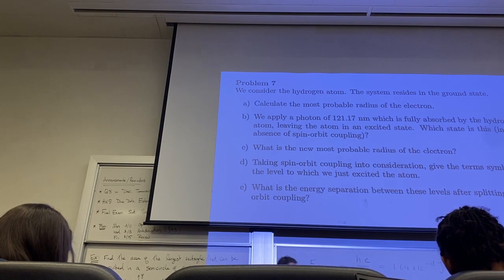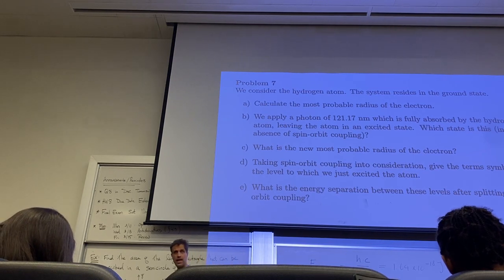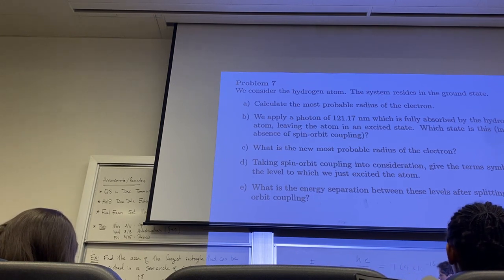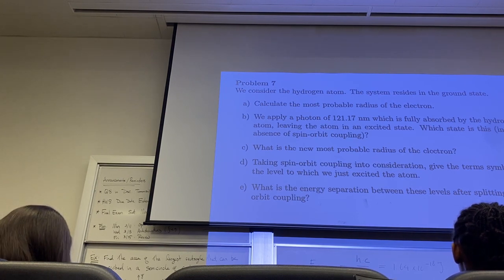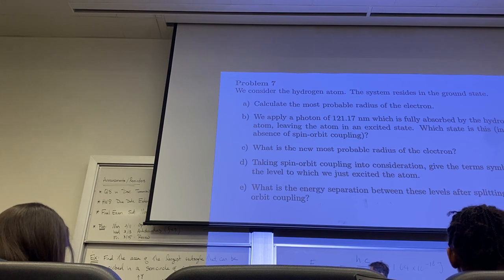That's the general formula for the energy difference between states. Fortunately, I know that I'm starting in state 1, so that's going to be hcR times 1 over n squared minus 1. So my job now is to determine n, and I can do that because this energy difference needs to match the photon energy.